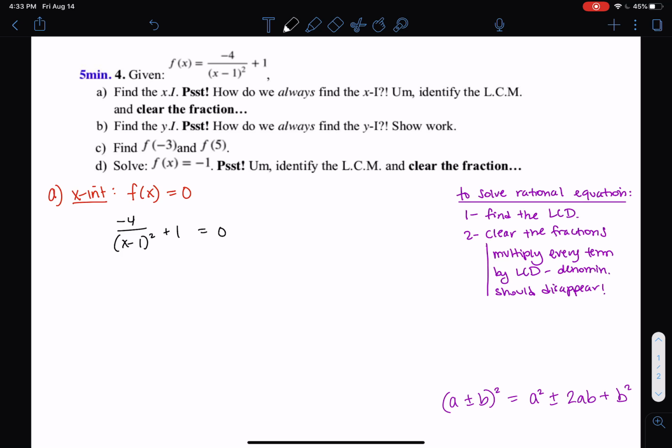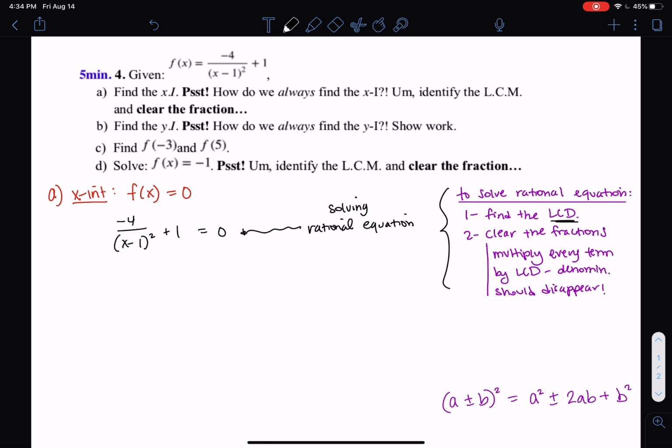In our next step, notice that we're dealing with a rational function, and we're solving this rational equation. To solve a rational equation, remember from class, we have a number of steps. Our first step is to find the least common denominator.